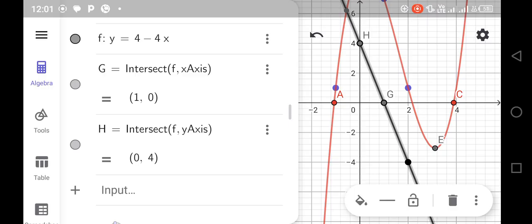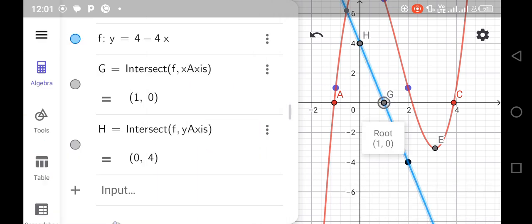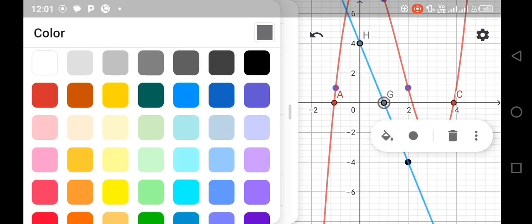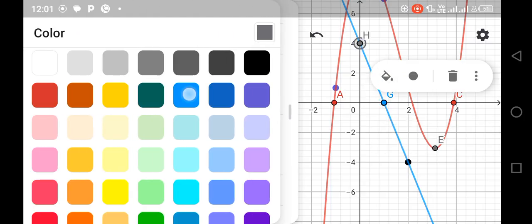Now, this is our line. Let's give it a good color, and also the points. So those are the points within our line.